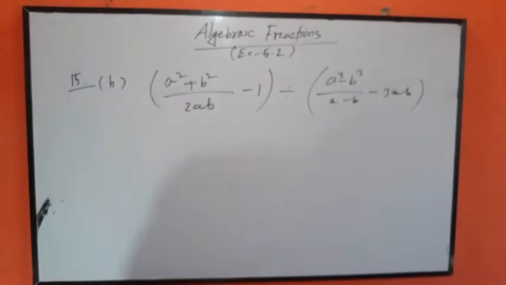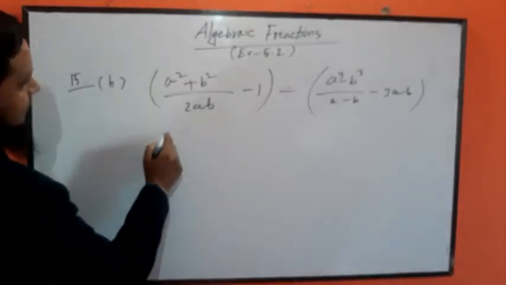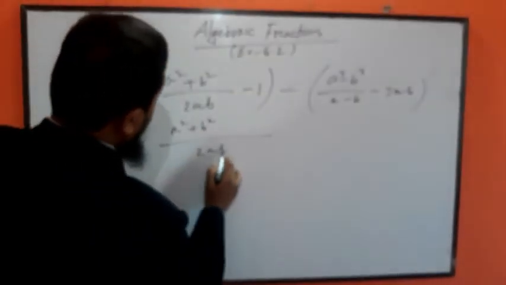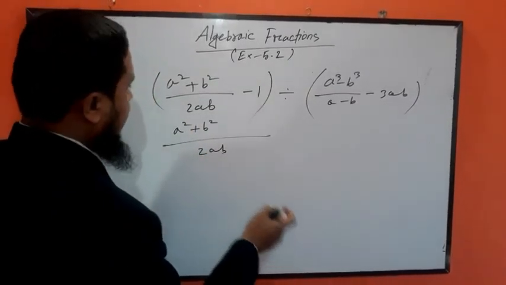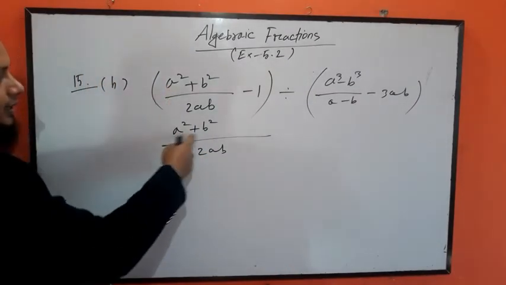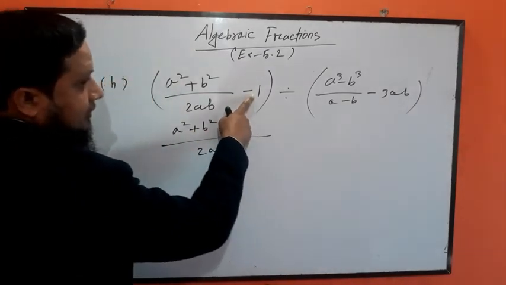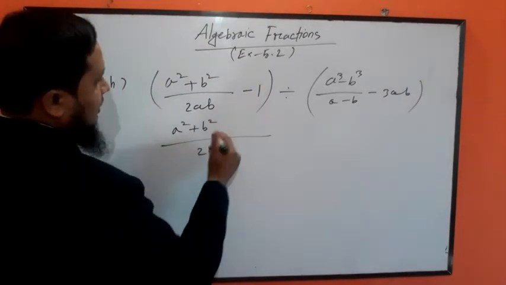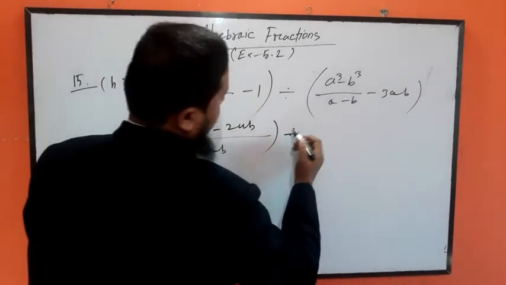Now we know, at first we do LCM here. a square plus b square, LCM here 2ab. 2ab divided by 2ab we get 1, when multiplied this one we get the same thing. Now this is the whole number, we multiply 1 with 2ab and we get 2ab, and here division sign.